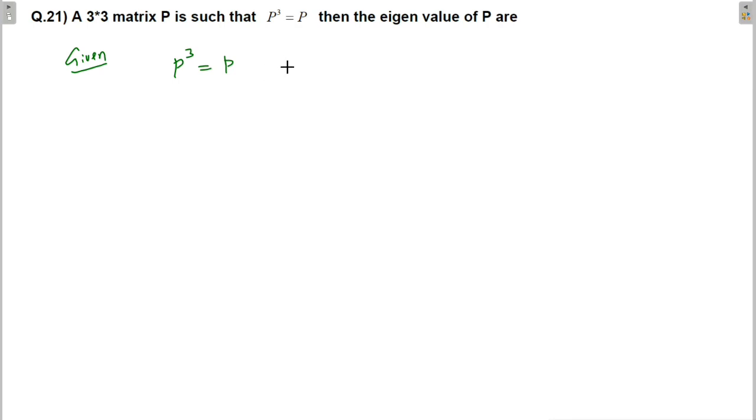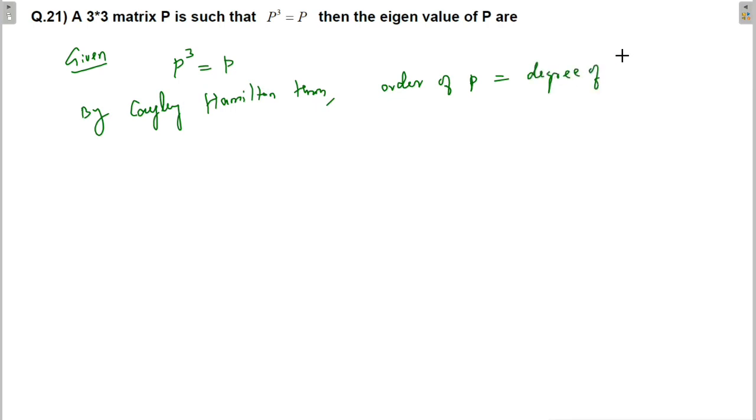So for that, here you can take by using Cayley-Hamilton theorem, because order of P is equal to degree of the given polynomial, right? So for that I am going to apply this theorem.